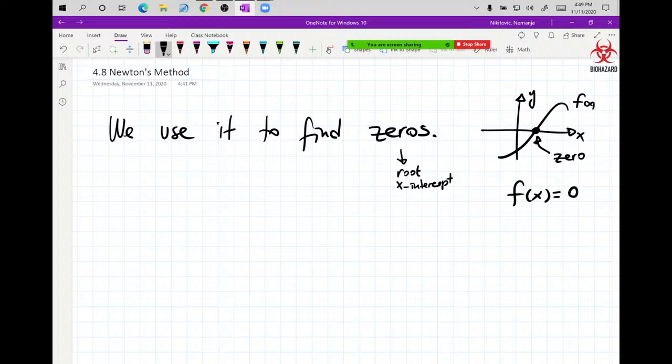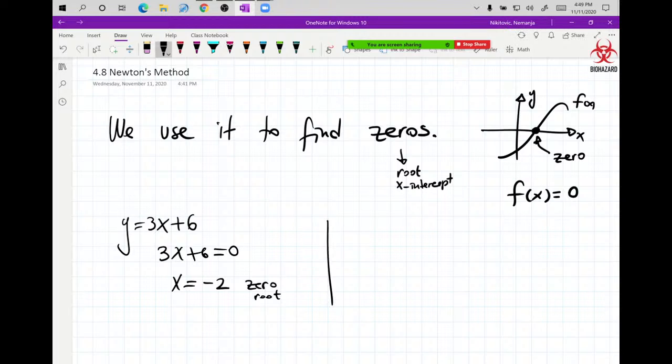Now, that is very easy to come up with if you have your function to be, let's say, y equals 3x plus 6. It's like, yeah, 3x plus 6 equal to 0, x equals -2. Easy, right? So that's your zero or a root or whatever you want to call it.